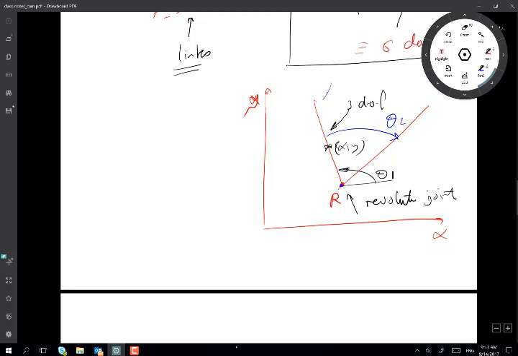If this was line 1 and this is line 2, this point R gives me x and y of line 2 already because it falls on line 1, and I know everything in relation to line 1. So the only thing I need to find line 2 is theta 2, which relates line 1 to line 2. So now degrees of freedom here is equal to 4.